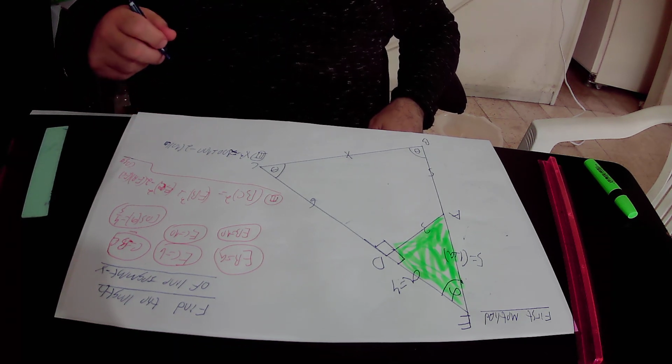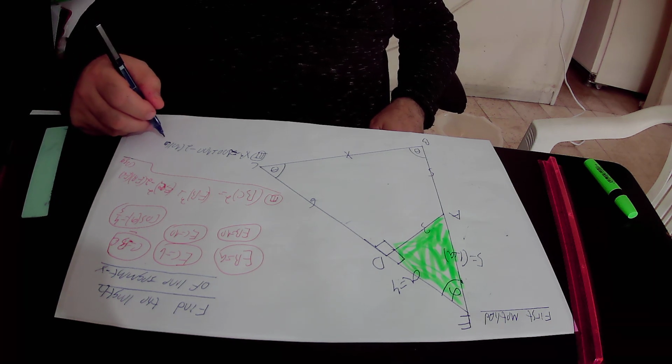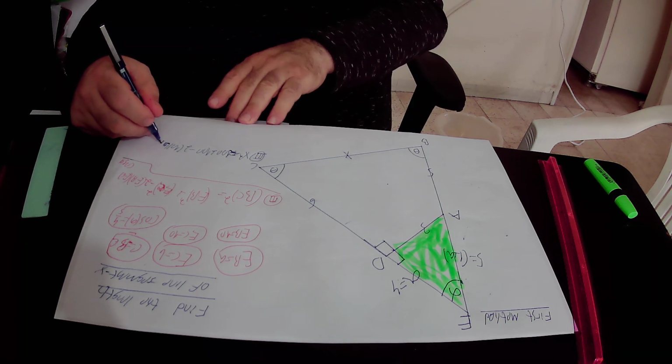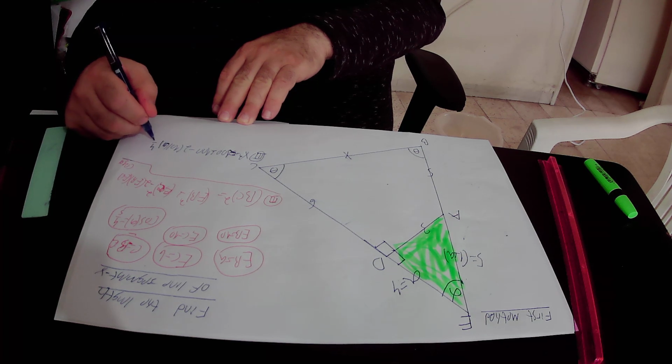And cosine alpha equals 4 over 5, so we substitute cosine alpha by 4 over 5.